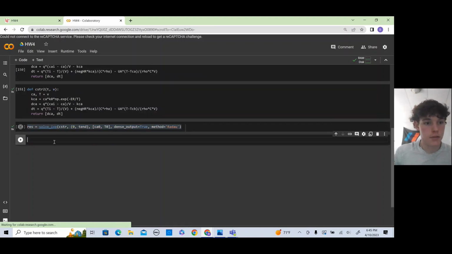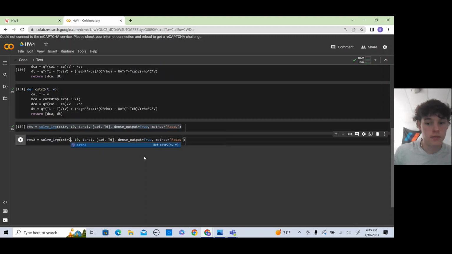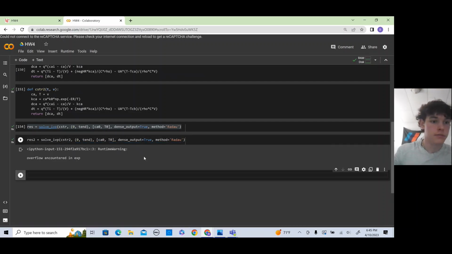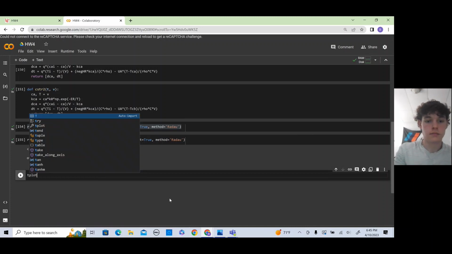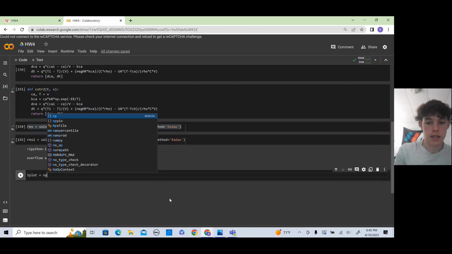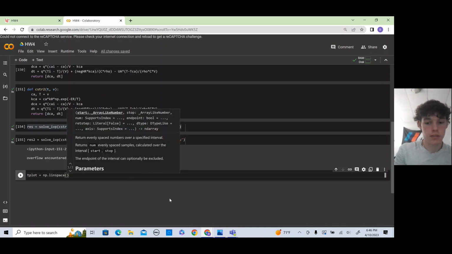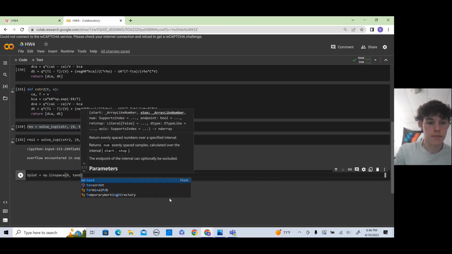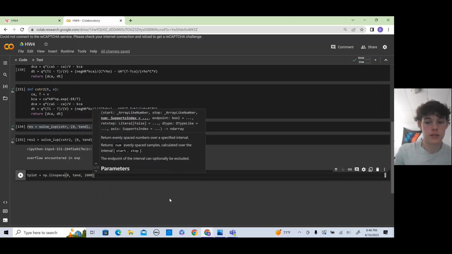And now we need the second one for our other temperature, so we'll just call this res2. This is for CSTR2, and then that should be fine. Next, we need to get, I guess, our plot, so our t-plot will be equal to np.linspace 0 to t end, and we want 1,000 different points.